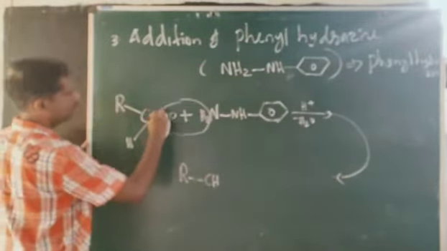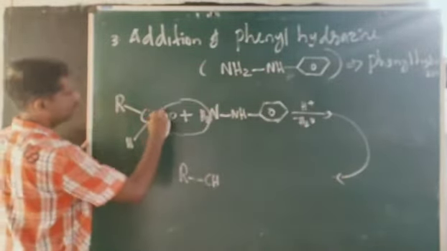Next one, the fourth, is addition of 2,4-DNP. What is 2,4-DNP? 2,4-dinitrophenyl hydrazine.